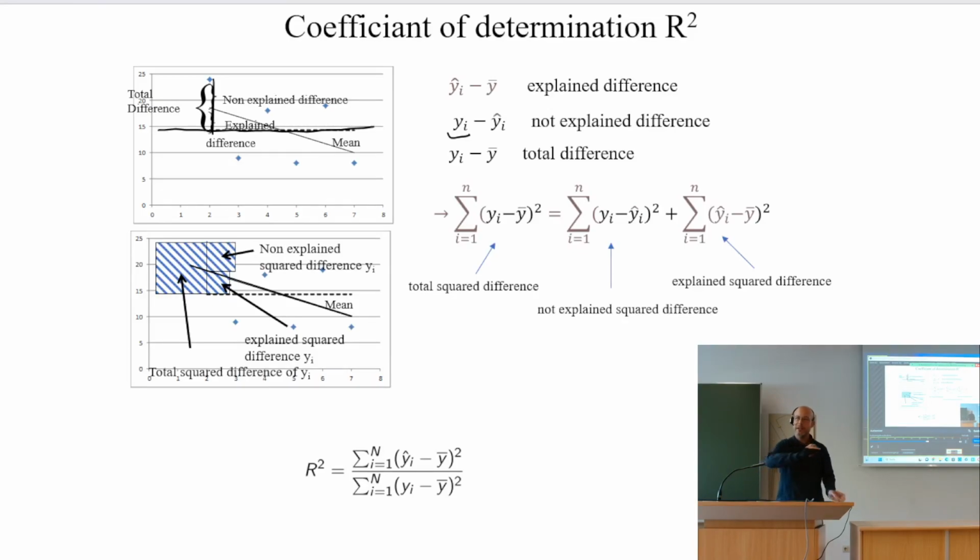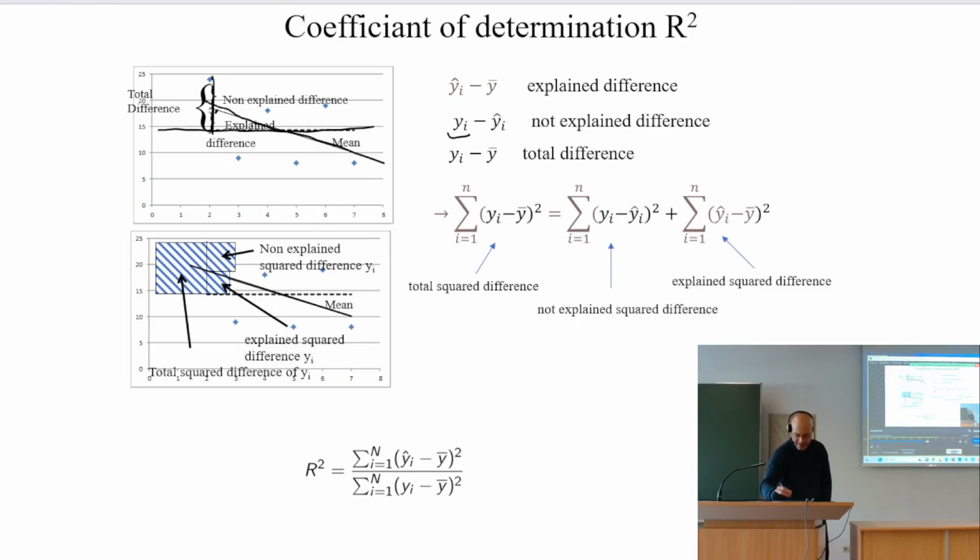And what we are doing now via the linear regression, we more or less move this line a little bit upwards or downwards. And then with respect to the regression line, this data point moves a bit more into the neighborhood of this line.